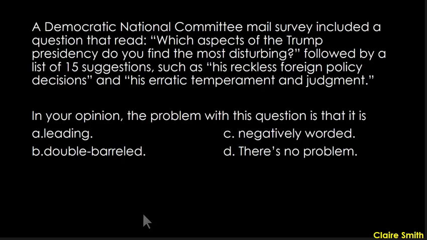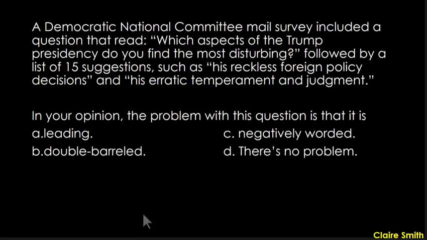All right, so we have an example here. A Democratic National Committee mail survey included a question that read, which aspects of the Trump presidency do you find the most disturbing? Followed by a list of 15 suggestions, such as his reckless foreign policy decisions, his erratic temperament and judgment, and so on and so forth.